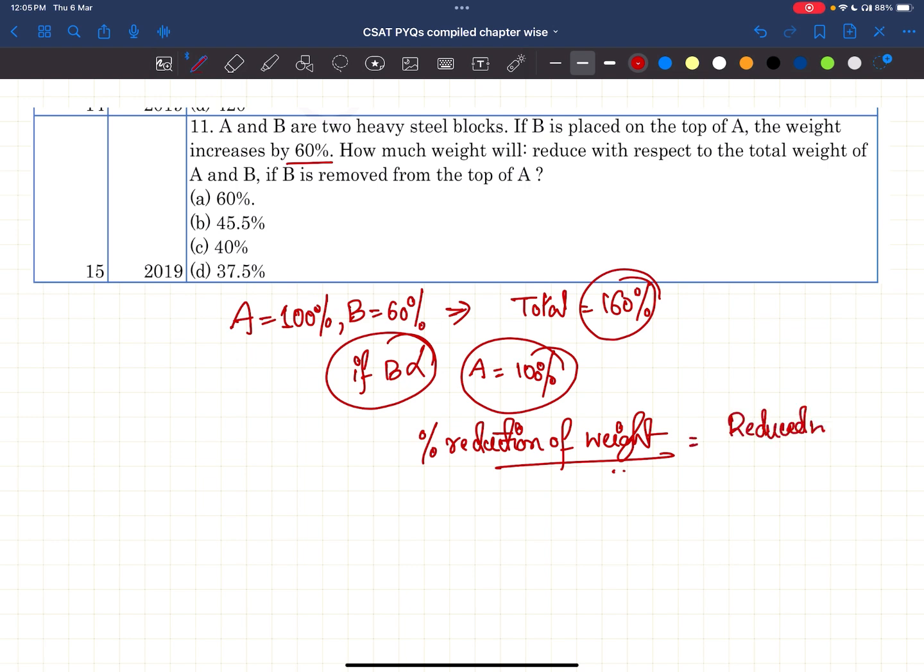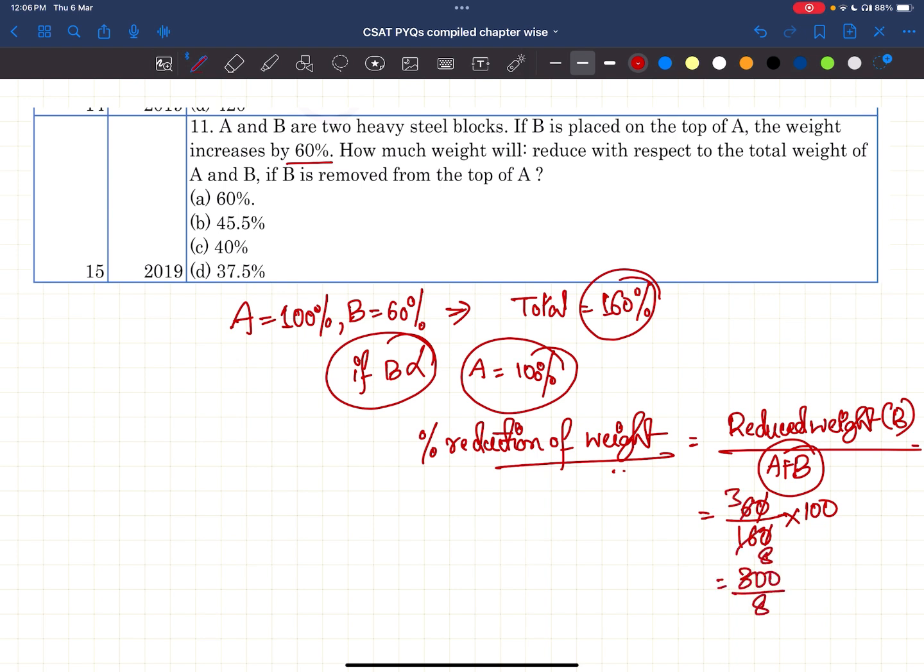Reduced weight, that is weight of B by A plus B, because from the total only we are removing B. So what will be the value? 60 by 160 into 100. This is 300 by 8, that is 37.5%. Alright? Okay. Let's go to the next question.